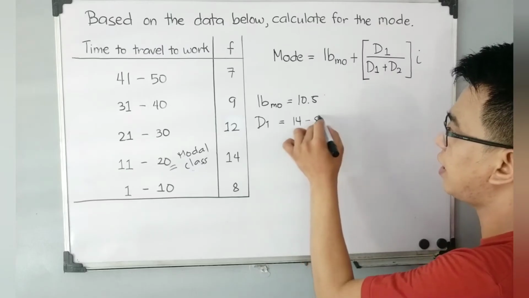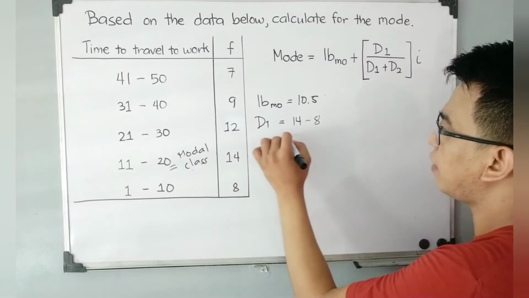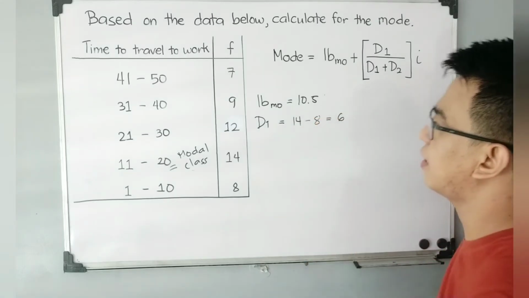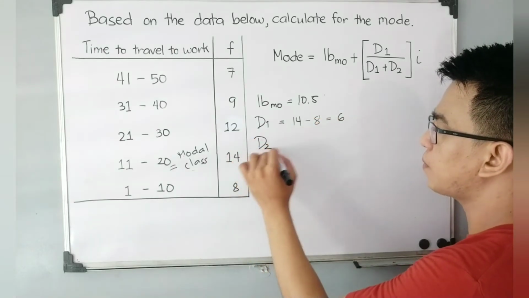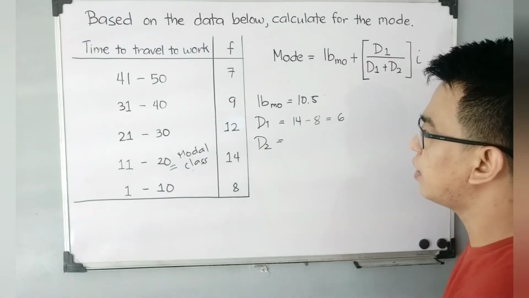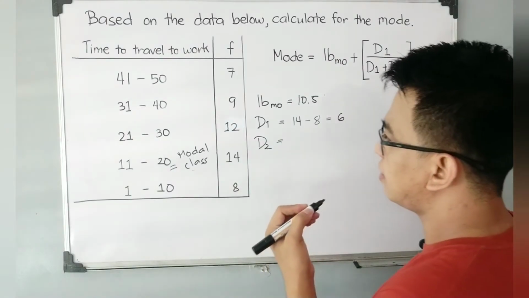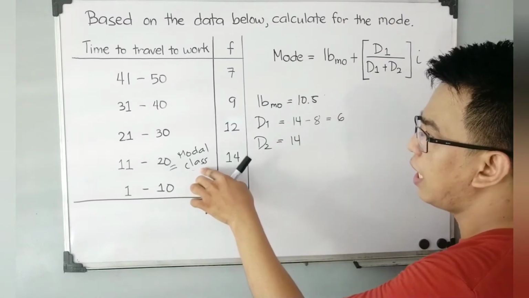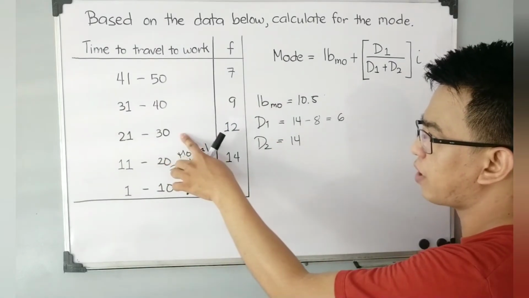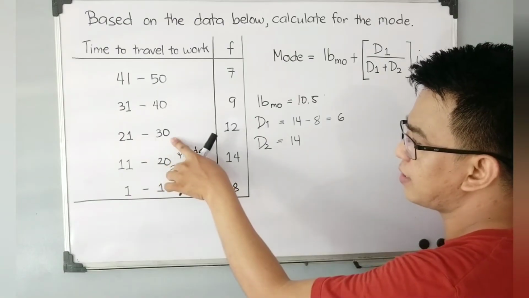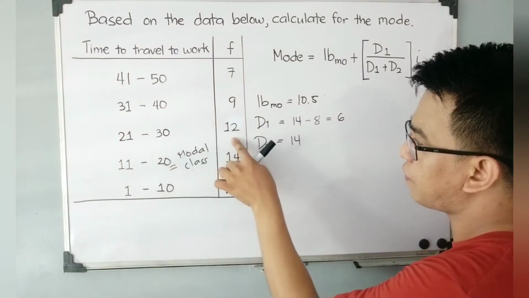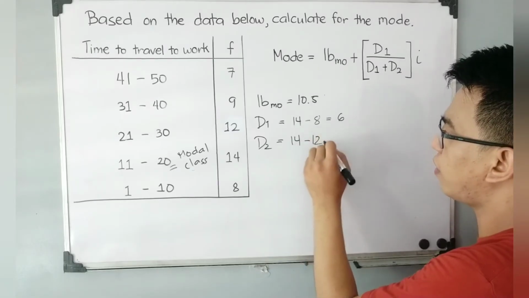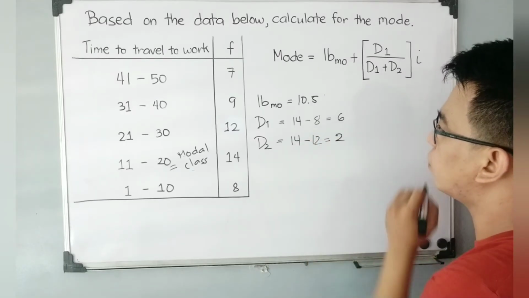So this is 14 minus 8, and that will give you 6. And for D sub 2, your D sub 2 is the difference between the frequency of your modal class and the frequency of the next upper class. The upper class is 20 to 30 and the frequency is 12. So this is 14 minus 12, and that will give you 2.